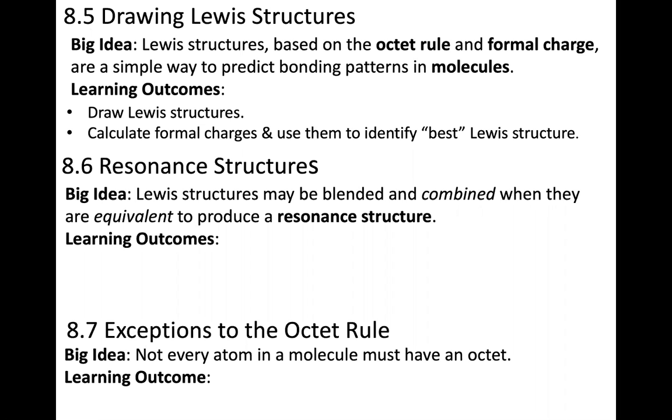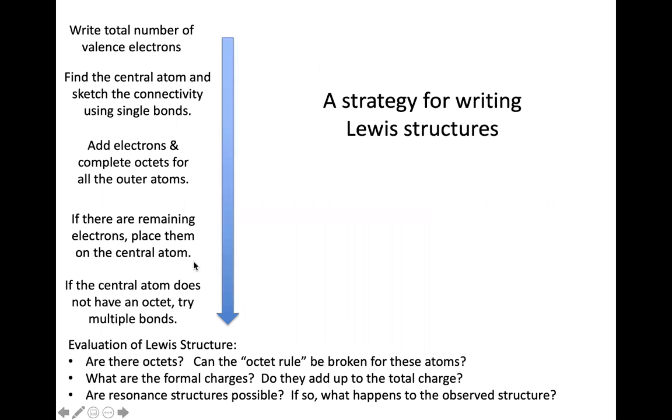So another new idea for us, one of the ways that we can determine if it is a good structure is the octet rule. Another way that we can do it is by calculating what are called formal charges. And I'm going to illustrate those for you in just a second. So my plan here is I want to work through several examples, and we're going to apply that strategy that's listed in the book that will always work for drawing Lewis structures.